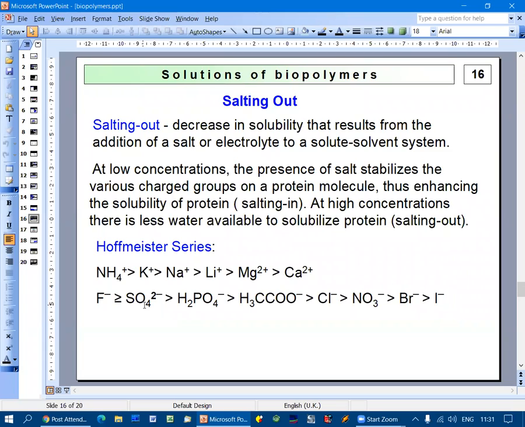So if you filter this precipitate, wash off the ions of salt that caused the formation of precipitate, and after that put this polymer, your enzyme or protein, into water, you will get a solution again.